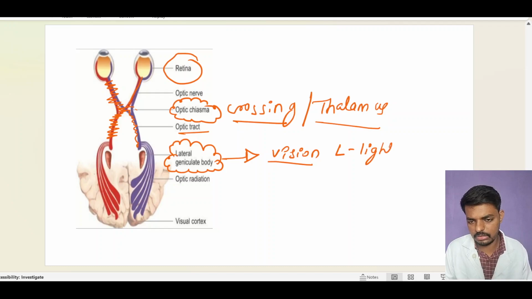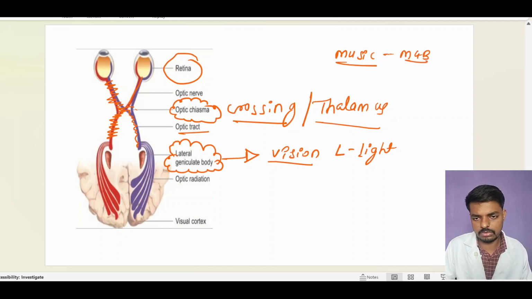Light means vision. The medial geniculate body is responsible for music, that means hearing. Lateral geniculate body is for vision and medial geniculate body is for hearing. Very important point for your knowledge.